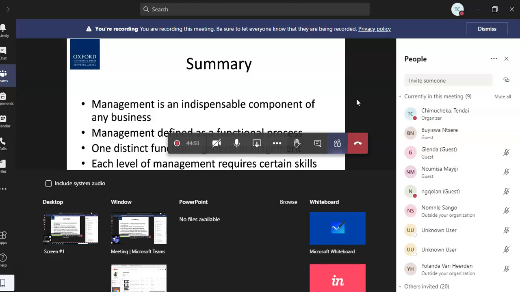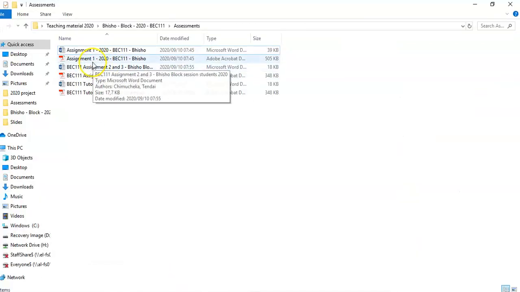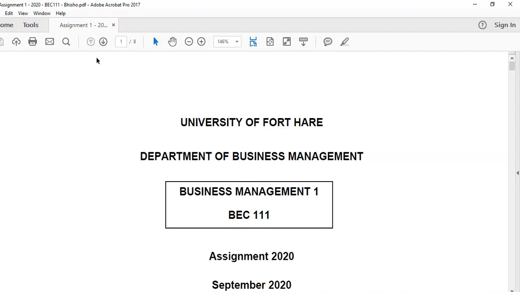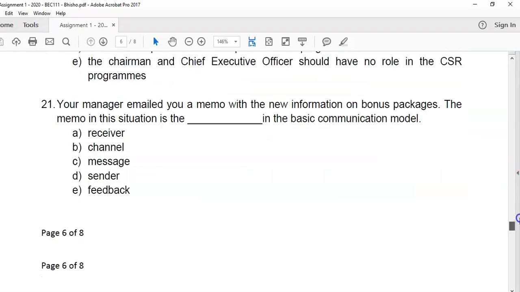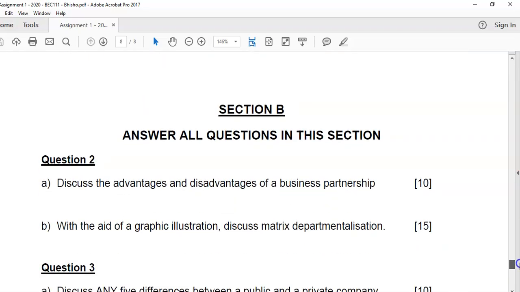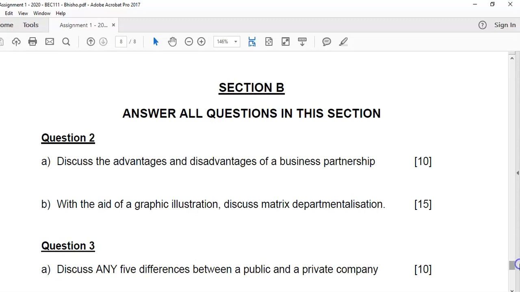Yes, you can go on, Buyiswa. The assignment, Doc, I just want to confirm if it's this one that is saying discuss the advantages and disadvantages of business. Is that the text of the assignment? Section A and section B. Let me quickly go to it. Yes, it has 25 multiple choice questions. And section B, question 2A starts with the question that says, discuss the advantages and disadvantages of a business partnership. Yes.